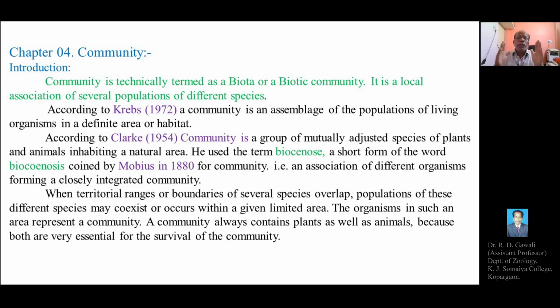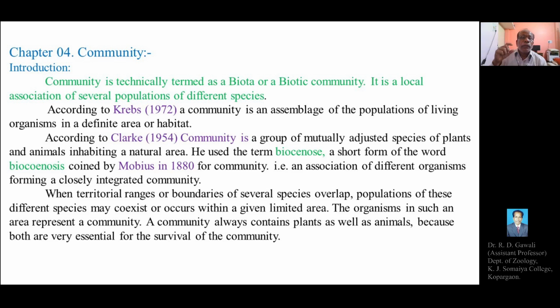So, when territorial ranges, that is boundaries, of several species overlap, it means there is an overlapping of the boundaries of the territories. At the regions of the overlapping there are more individuals belonging to different species from both territories, and this will form a community at the point of overlapping.